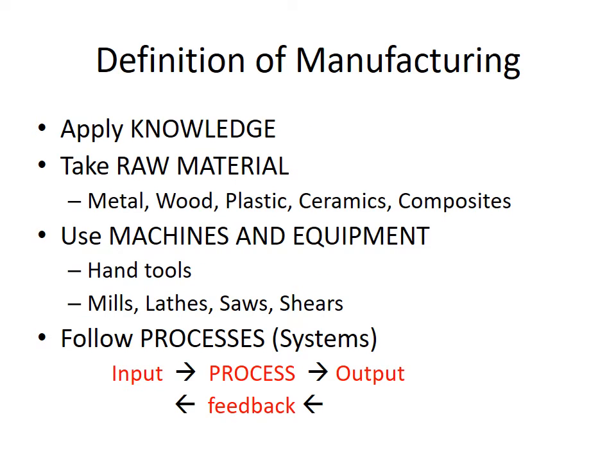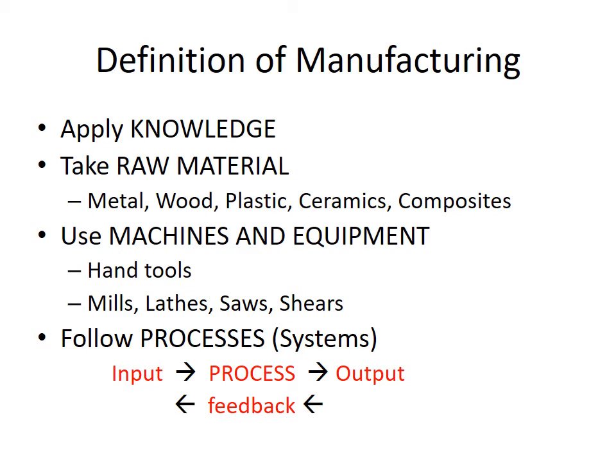Okay, let's go back and review for just a second the definition of manufacturing. We're going to apply knowledge, take raw materials and turn them into products. We're going to use machines and equipment, and we're going to follow processes.